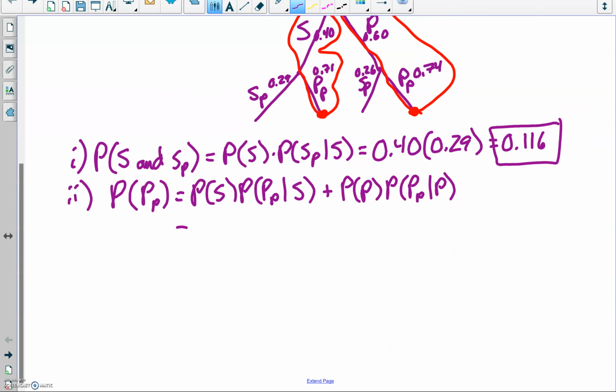And again, we'll write these probabilities out here: the 0.40 times the 0.71, plus the 0.60 times the 0.74.